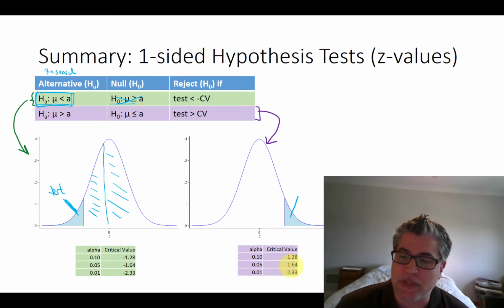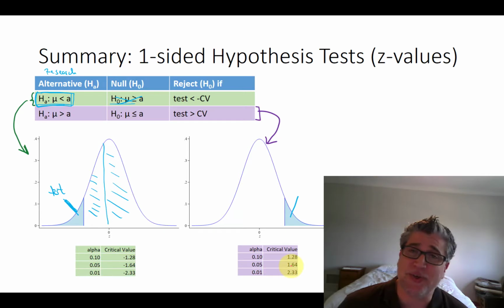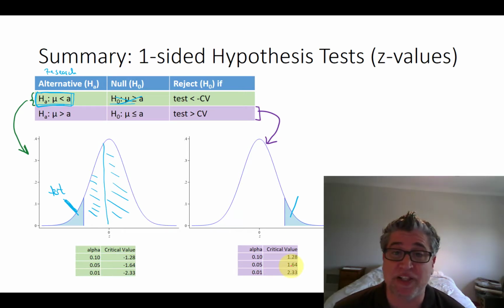These critical value numbers come up all the time, over and over again, so it's not a bad idea to memorize them. It's also kind of inevitable that if you do enough practice problems, you'll start remembering them. But this is a quick cheat sheet for you to work from.